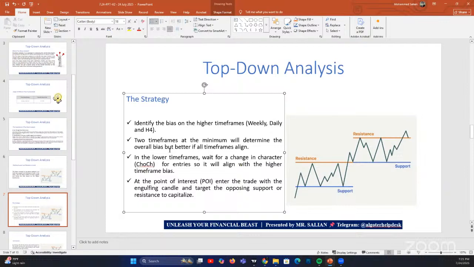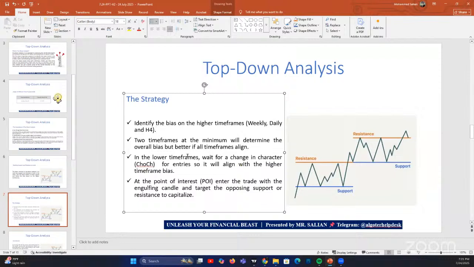Number two, once you have this marked out, the bias, two time frames at the minimum, as I've said, will determine the overall bias, but better if all time frames align. It could happen, three time frames all aligning together. You open the chart and you see all these three higher time frames aligning together. Then that's the best time to trade.